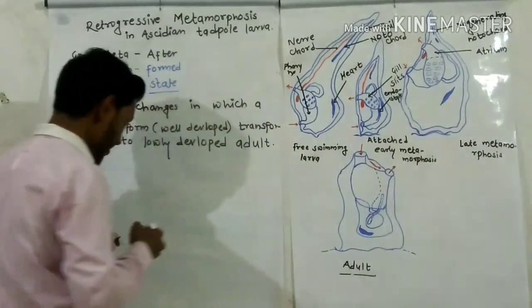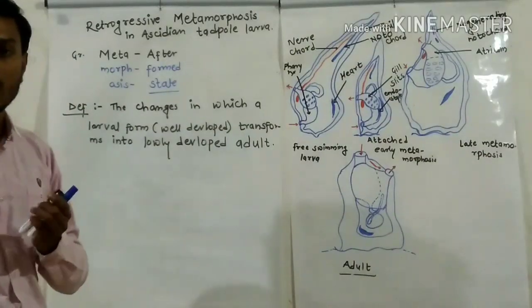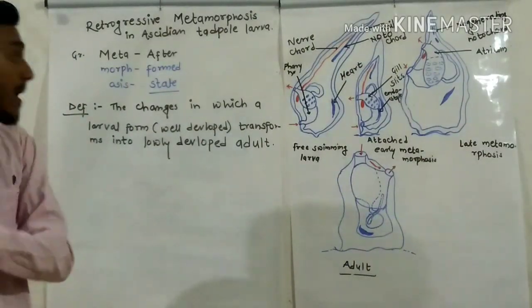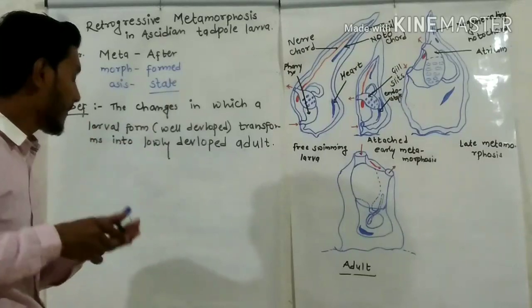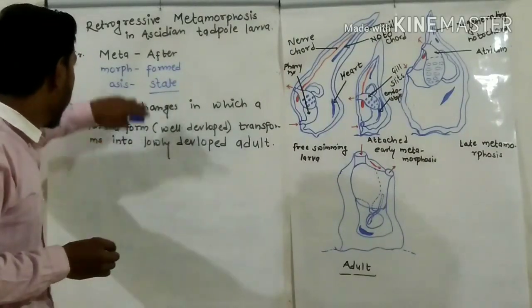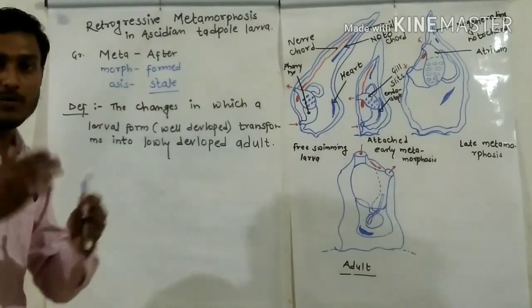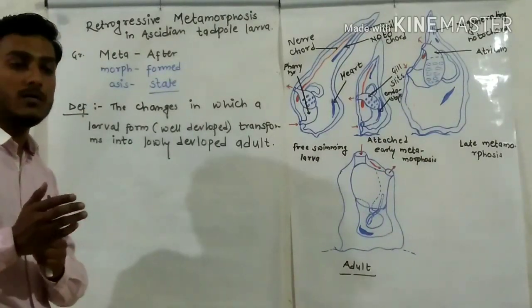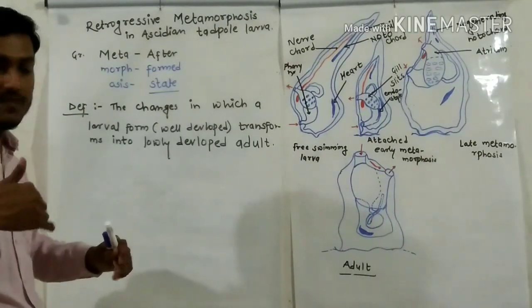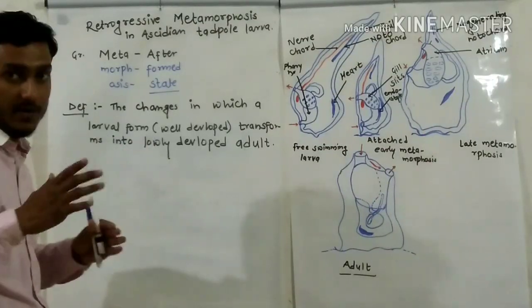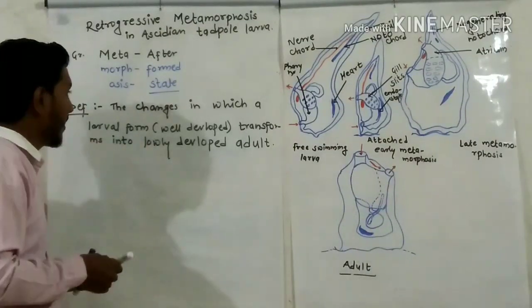It is the transformational change in which the larva is highly developed and then it is transformed into a lowly developed adult. This means the ascidian tadpole larva is more developed, or more superior in evolution, than its adult. So it is the definition part.